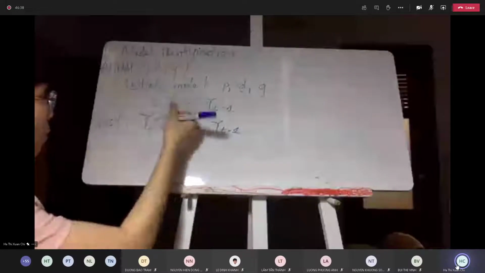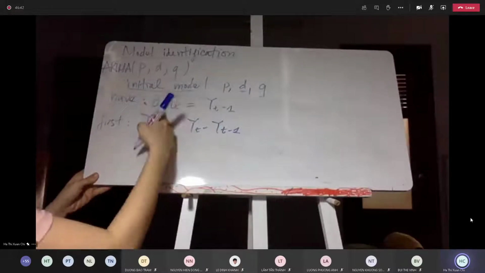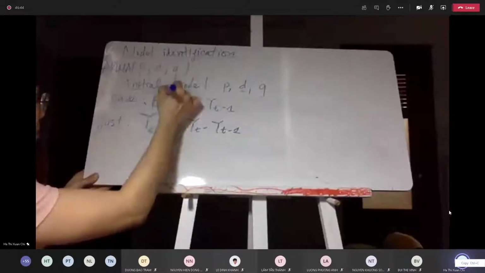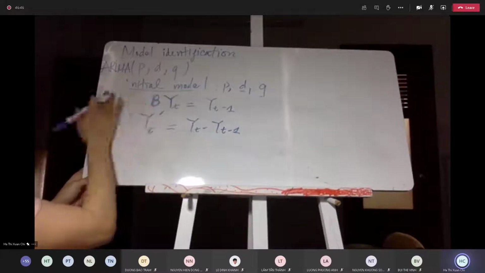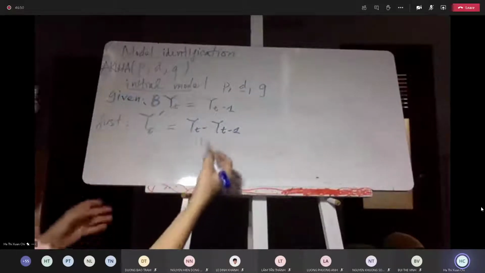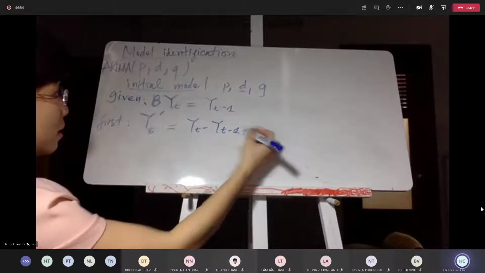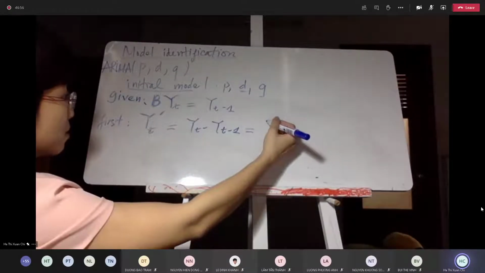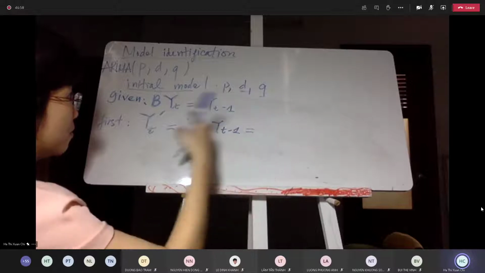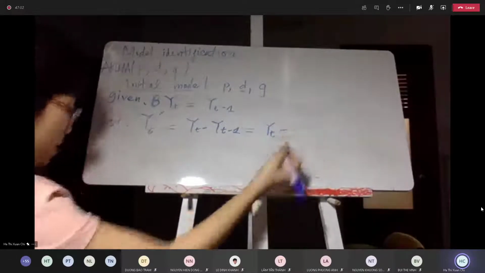So YT here, we have one back shift, that is a given. We substitute in here the back shift YT minus 1.